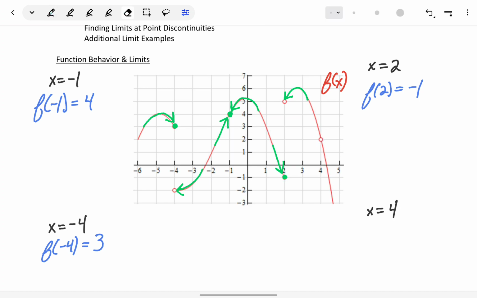But since we have that missing point, we have this point discontinuity, to draw this or trace this, we technically have to pick up our pen or pencil, jump over that point, and continue on the other side. Since all we have is an open circle at x equals 4, we would have to say that f of 4 is undefined.